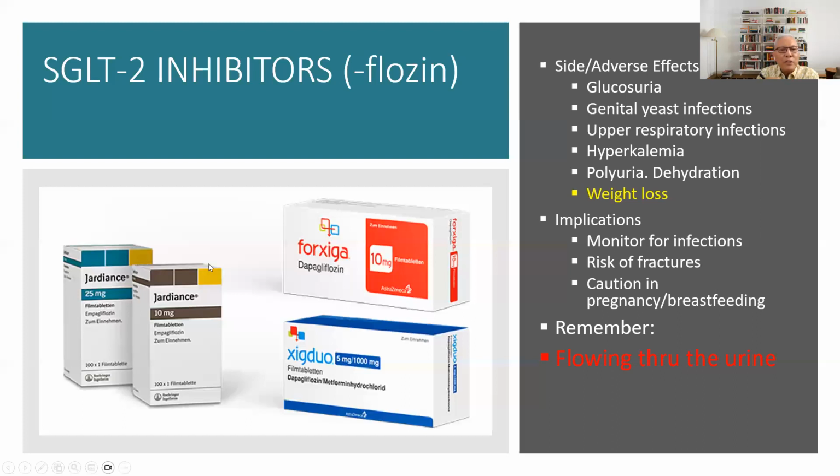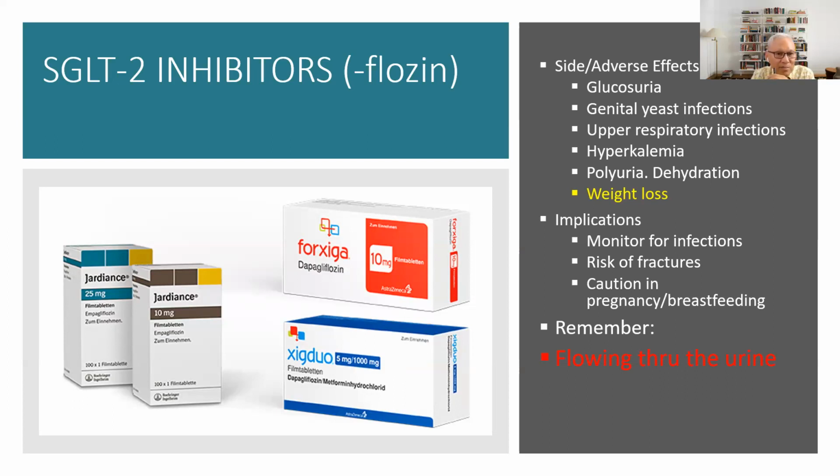So what's so special about these drugs? Well, the major side effect is what is so special about this drug. Because now you're excreting a lot of sugar through your urine, what is the danger of that?